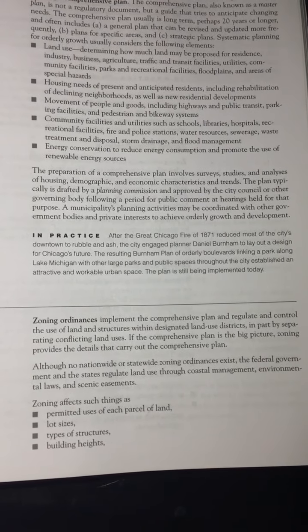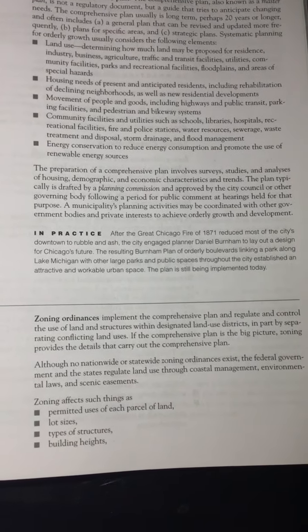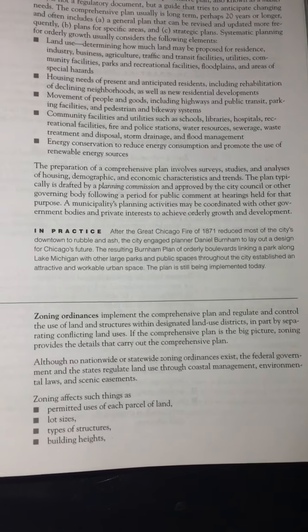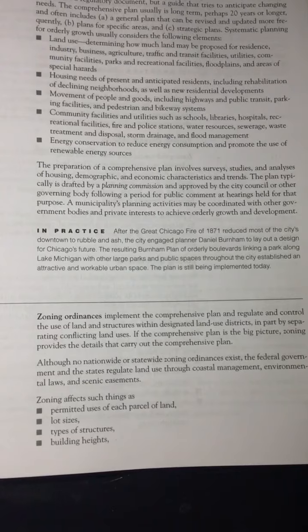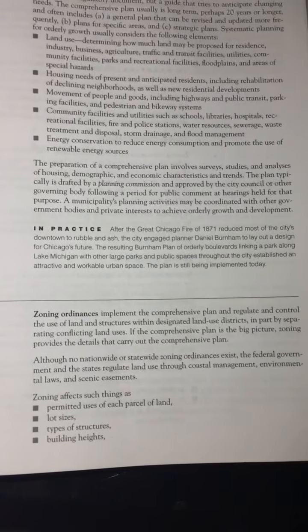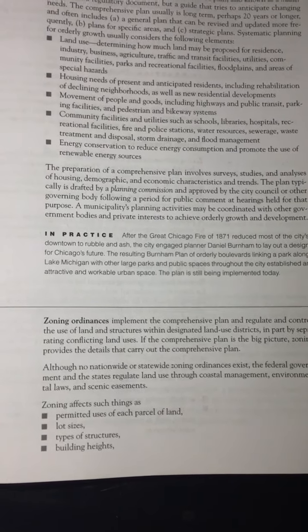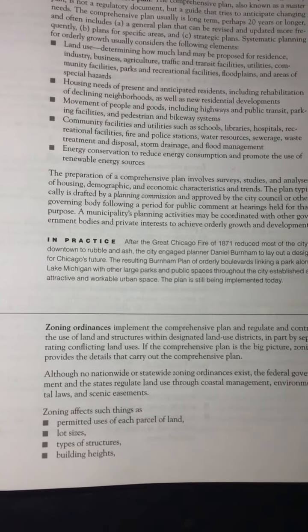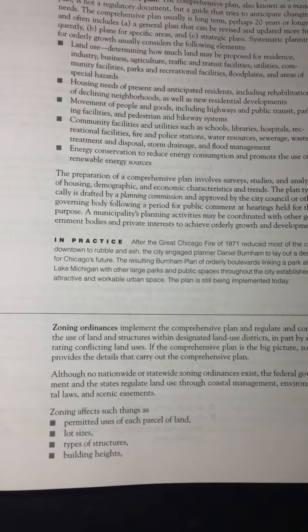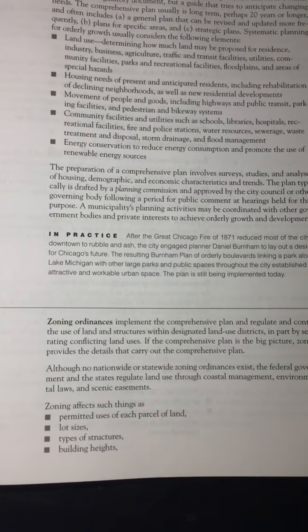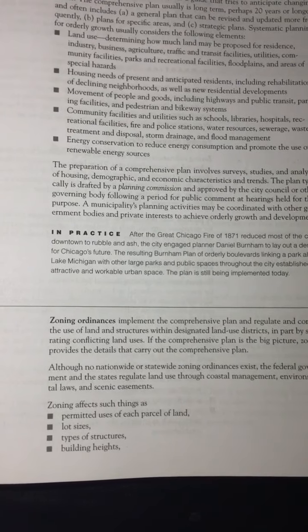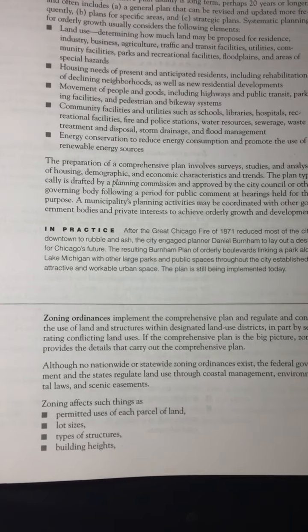Although no nationwide or statewide zoning ordinances exist, the federal government and the state regulate land use through coastal management, environmental laws, and scenic easements. Zoning affects such things as permitted uses of each parcel of land, lot sizes, types of structures, and building heights.